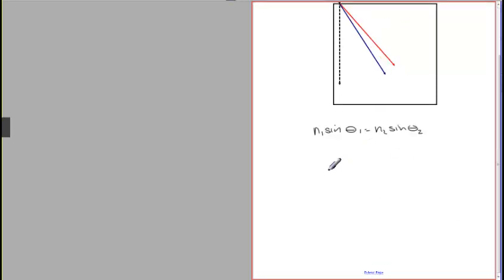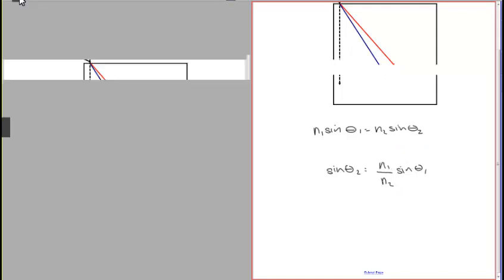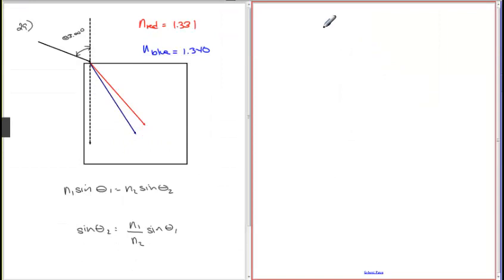So if we want to solve for the sine of theta 2, it's going to be equal to N1 over N2 times the sine of theta 1, which this part is going to be constant for both cases. The thing that will change is N2.